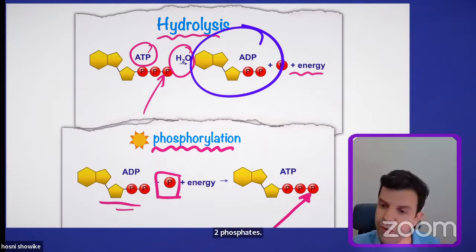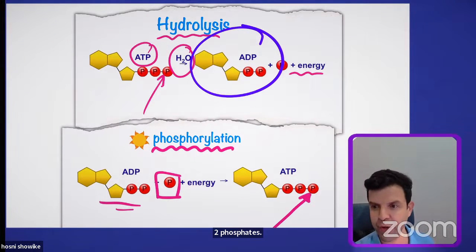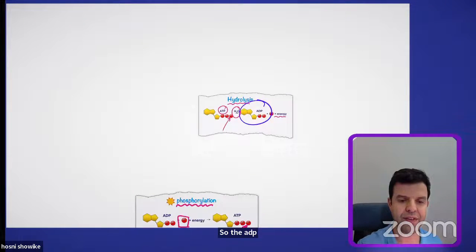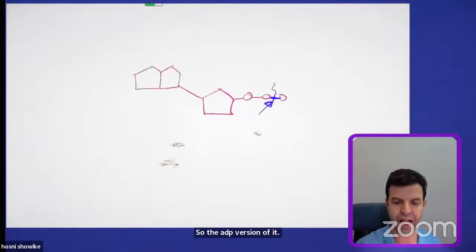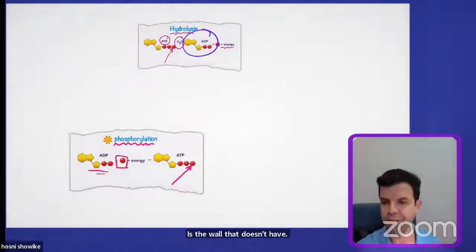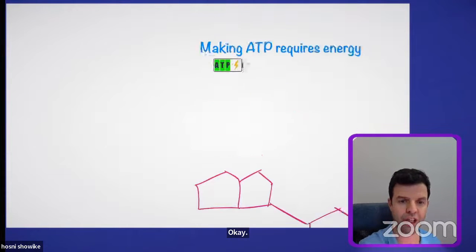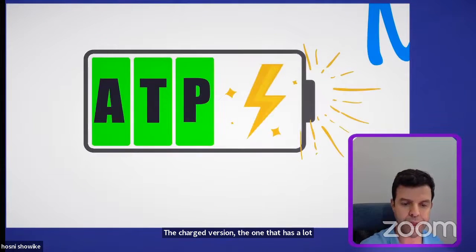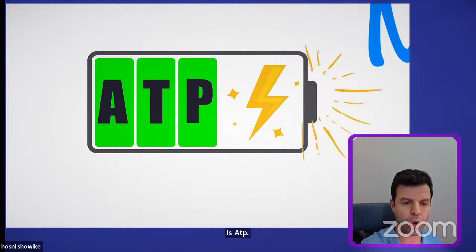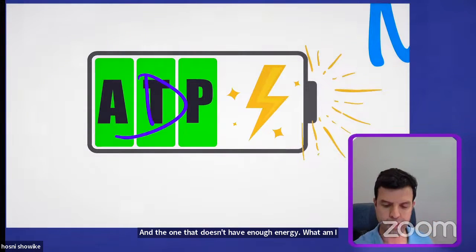Adenosine diphosphate, 2 phosphates, or adenosine triphosphate. So the ADP version of it is the one that doesn't have enough energy. The charged version, the one that has a lot of energy, is ATP. And the one that doesn't have enough energy, we call it ADP, right?